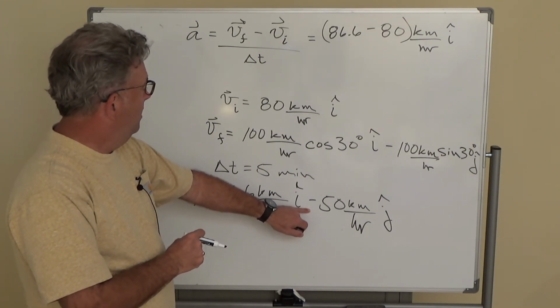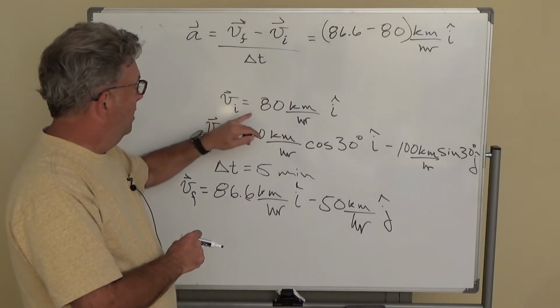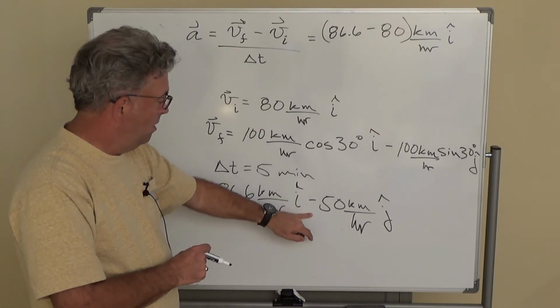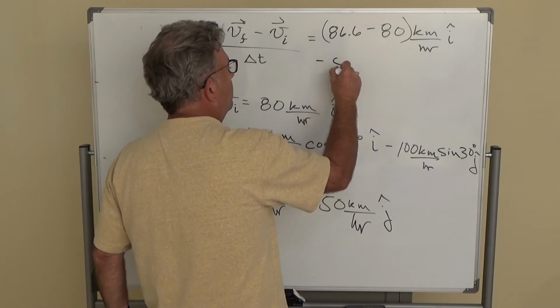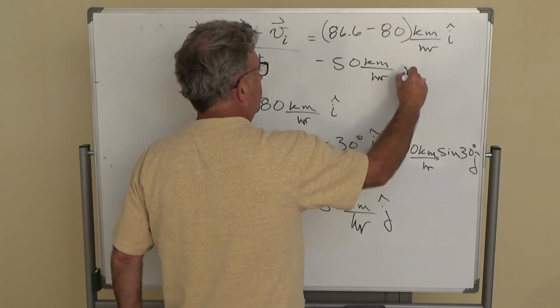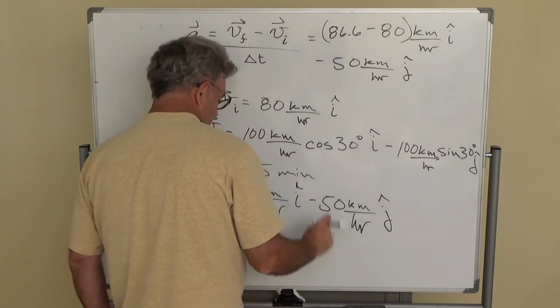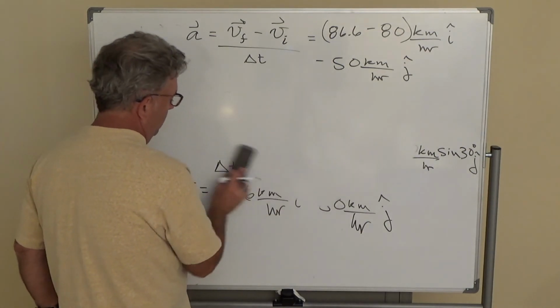So V initial in the y direction, that's the x direction, V initial in the y direction is 0. So this is negative 50 kilometers per hour J hat. And you divide all of that by delta T.